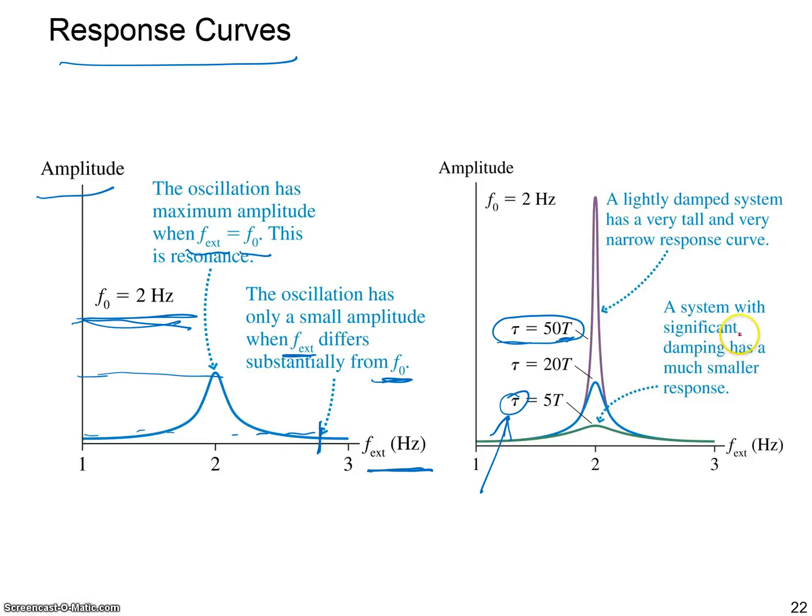If you have a significant damping, you get a much smaller response. So this green curve is a time constant or a damping constant of 5T. You only get a small response like that. We'll talk some more about this in class and do a demonstration.